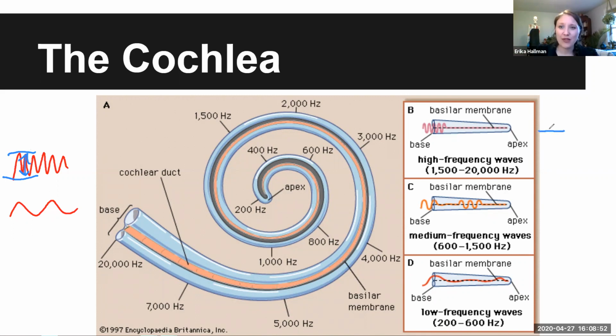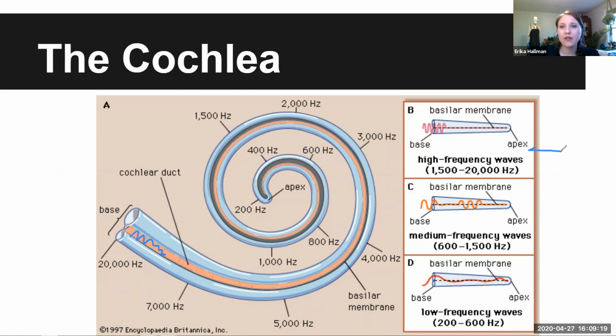So high frequency waves are going to be stopped at whatever distance they can get through. The cochlea, if you notice, kind of looks like this snail shell that's wound up here. And you can notice that it is wider at the base and very skinny here at the tip. And what that means is that our high frequency noises are going to be stopped early on.